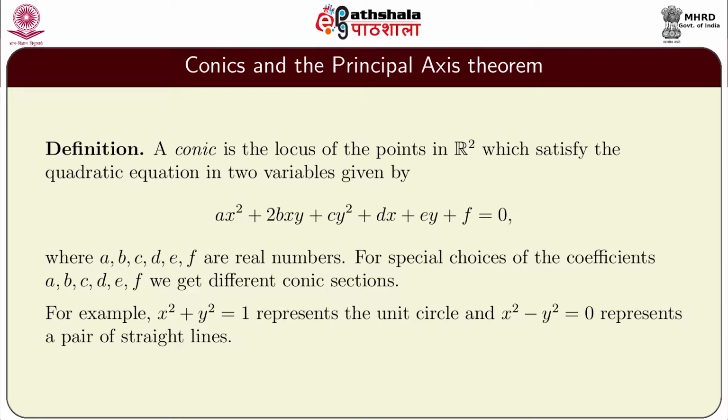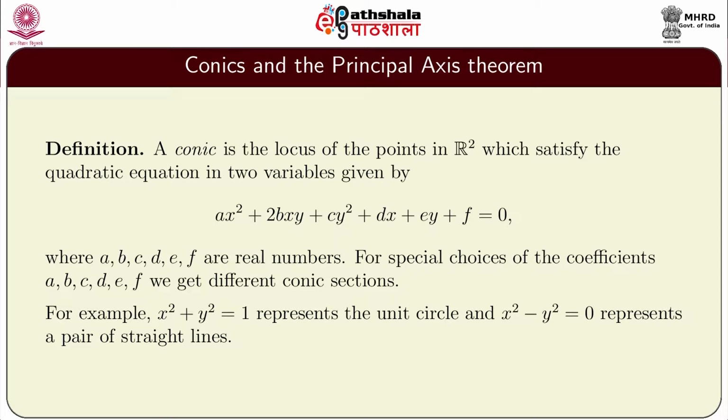Now, we define a conic which we have seen before in elementary geometry, and we will see that the language of quadratic forms helps us formulate the problems, especially the classification problem for conics.